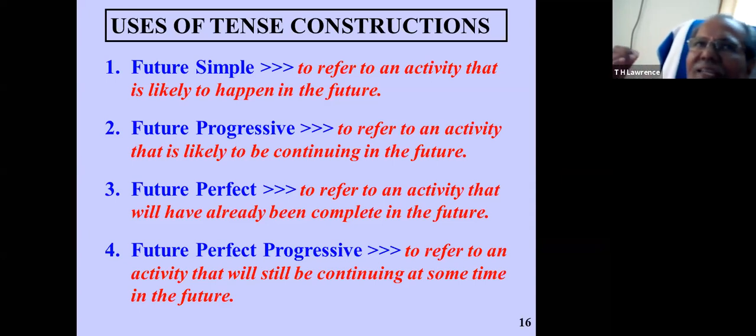So, until 11:29, what will happen? The interaction will have been continuing, say, future perfect progressive till 11:29. So, this is how we use future simple, future progressive, future perfect, and future perfect progressive tense constructions in our day-to-day life.